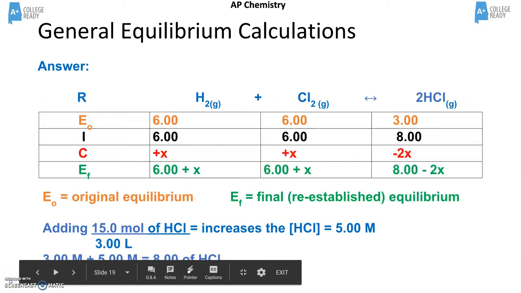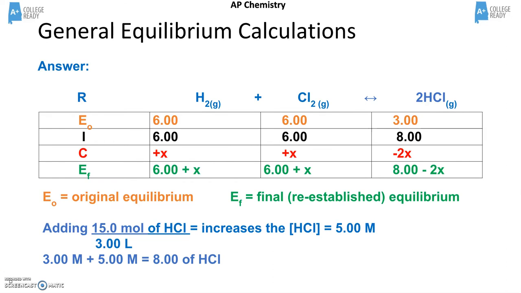So we're back. This one was a little challenging. It had two equilibrium statements. It had at equilibrium and then when equilibrium was reestablished. So there's two E's here, and I color-coded them for you so you can figure it out. Essentially, when you added that 5, you have to calculate the molarity of hydrochloric acid.